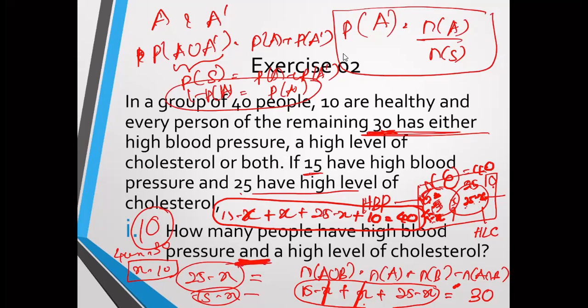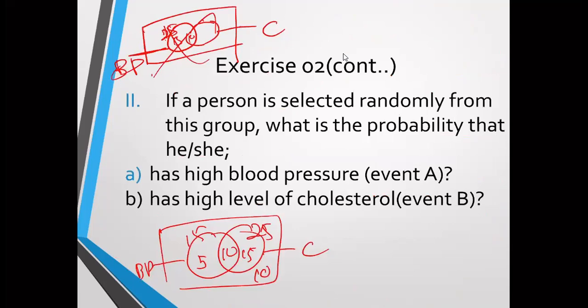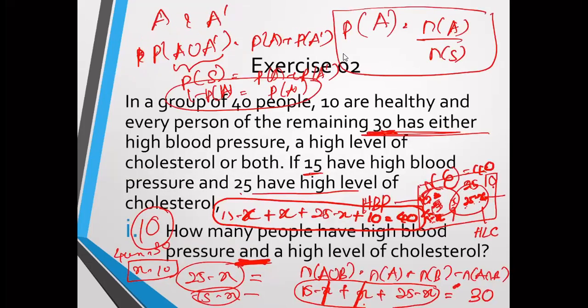Okay, now go to the second question. If a person is selected at random from this group, what is the probability that he or she has high blood pressure? Previously, the question was about the number of people.